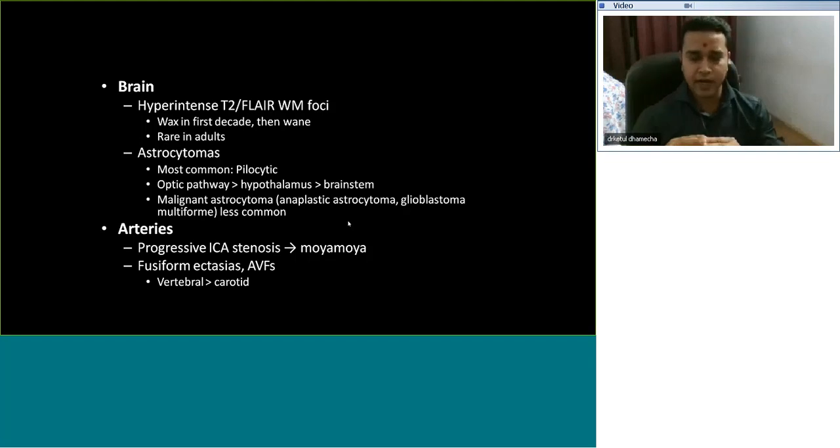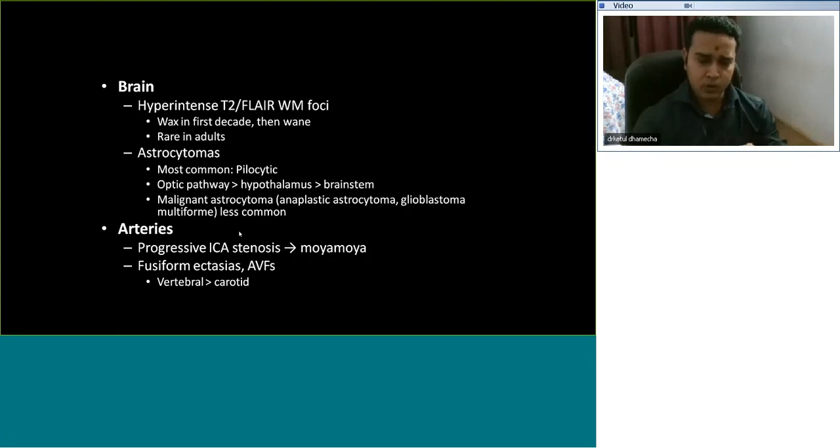So another one is astrocytomas. The most common variety of astrocytomas are pilocytic astrocytomas. Commonly they are found in the optic pathway, hypothalamus and brainstem. Malignant astrocytomas, anaplastic and glioblastoma multiforme, are much less common in NF1. It also involves the arteries. How?